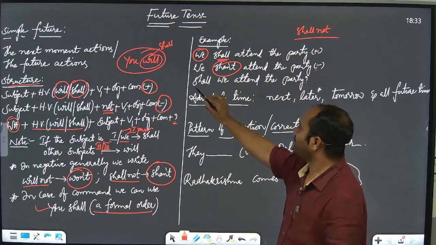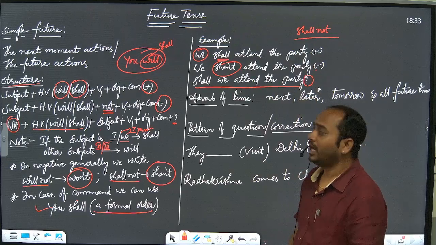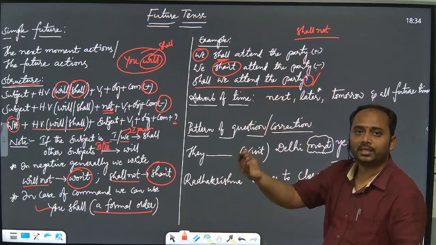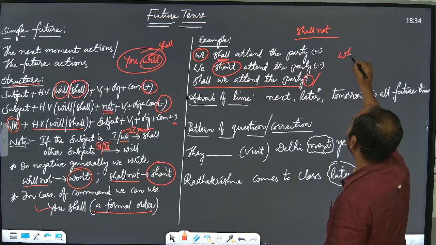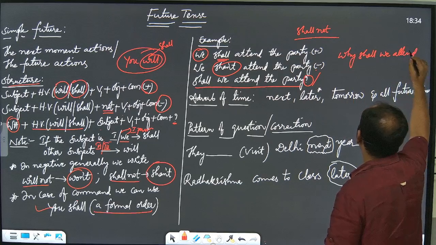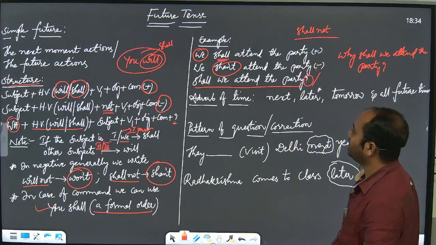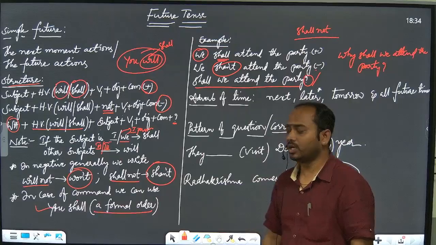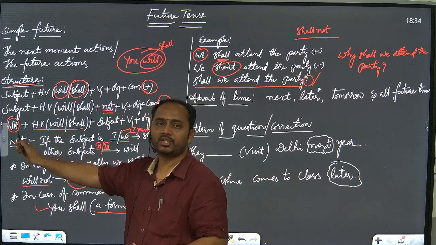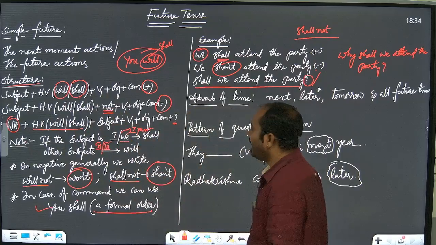And whenever you ask a question, shall we attend the party, with a question mark, is mandatory. And of course, you can ask the question through a WH word also. Why shall we attend the party? That can also be considered, because a question can be formed through a helping verb or a WH word, but it should follow a particular structure.